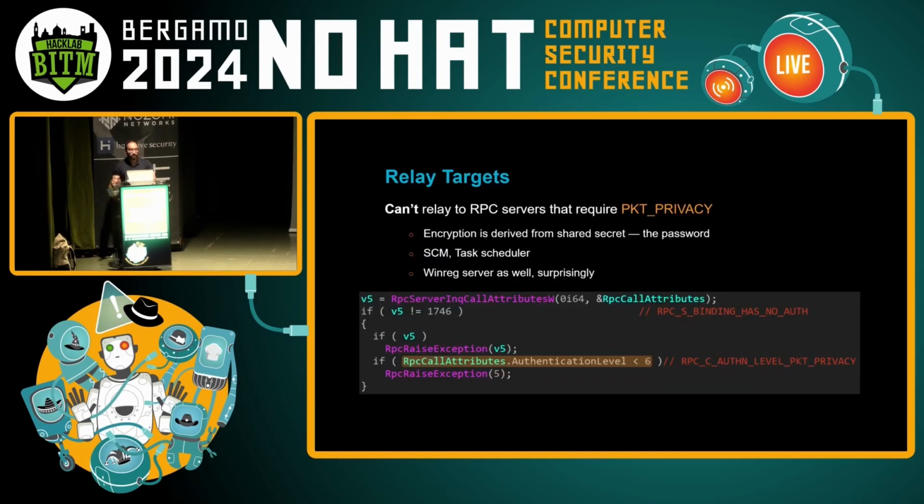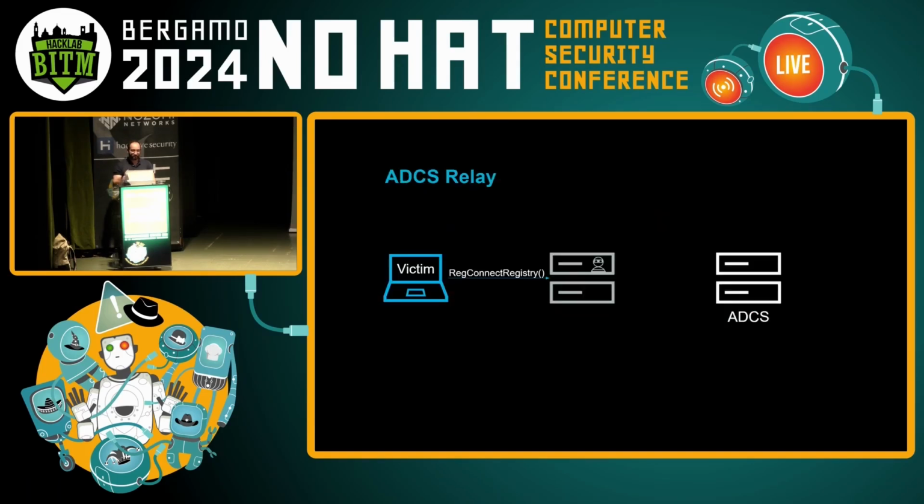Okay, so where can we attack? We can attack the ADCS server. ADCS stands for Active Directory Certificate Services. It's basically an additional form of authentication where you can use certificates instead of passwords and secrets to authenticate. And the ADCS, there are multiple escalation techniques against it that are documented.